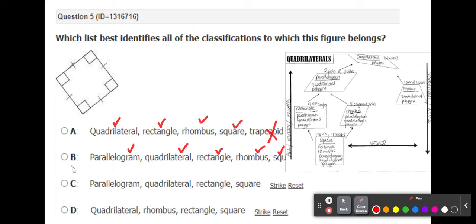Square, yes. I think it is B, because if I'm down here, it can be called all of these things above it. This one is missing parallelogram, quadrilateral, rectangle, square. This one's missing rhombus. And this one is missing parallelogram, it looks like. So that was kind of tricky because letter B has all of them.